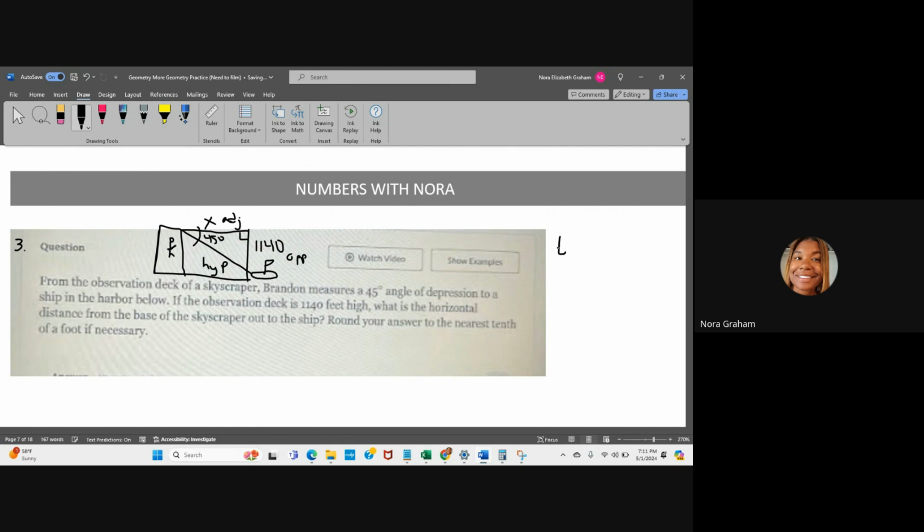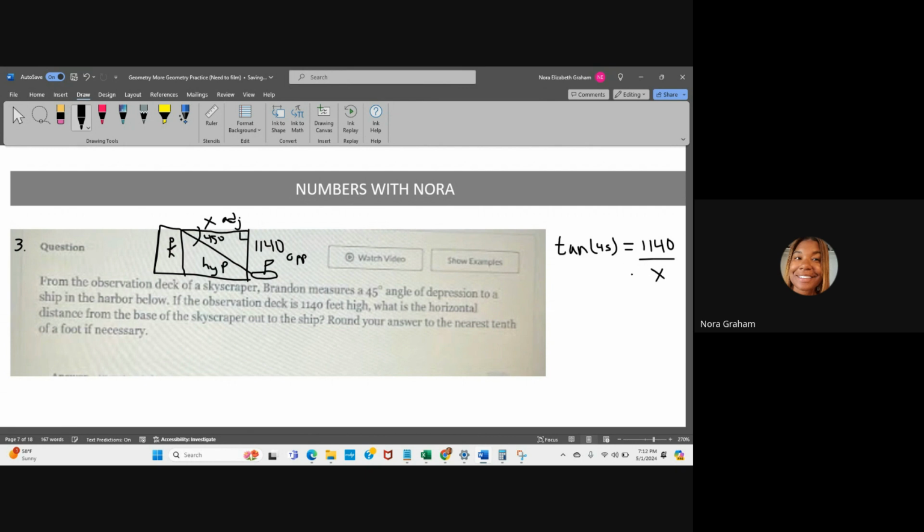So I'll have tan of 45 degrees equal to 1,140 divided by my x, or my adjacent.